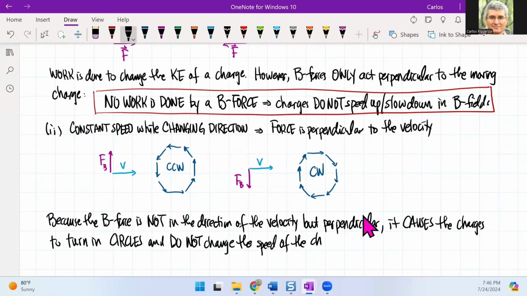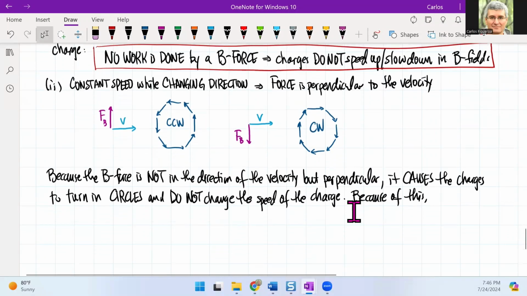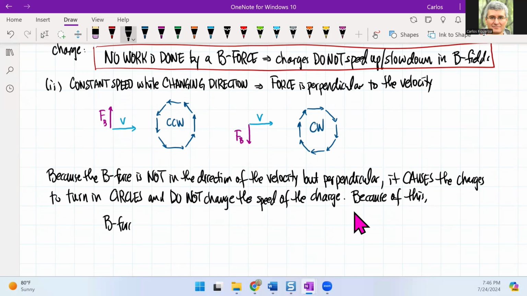Even though we've already said that, I think it's worth saying again. Because of this, magnetic forces only change direction.